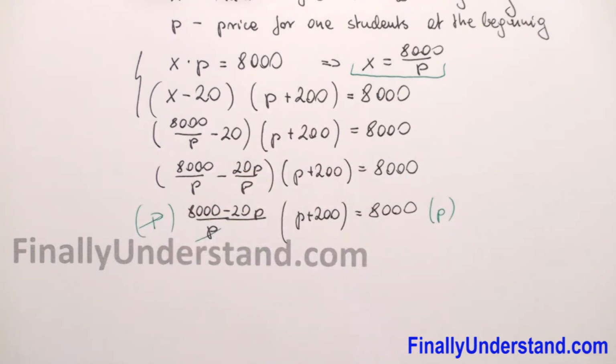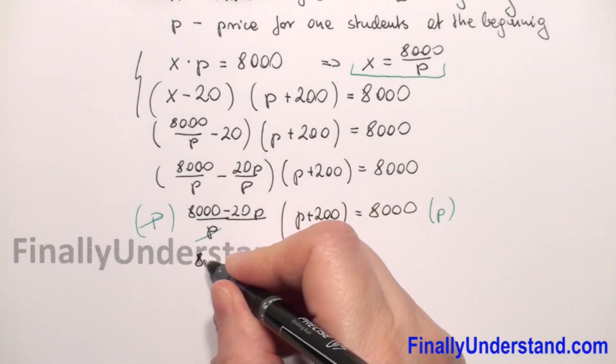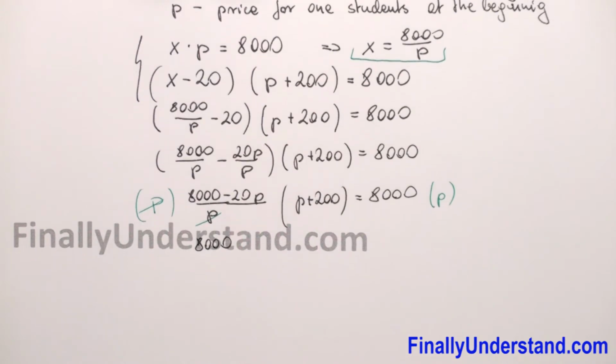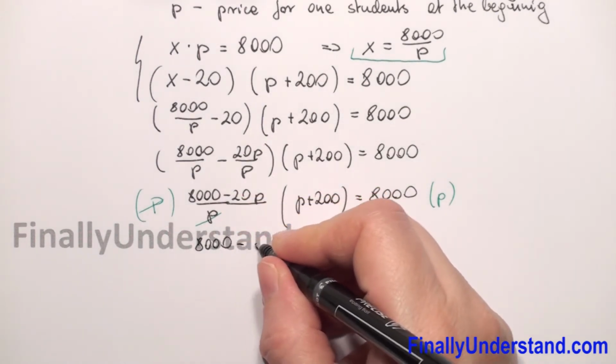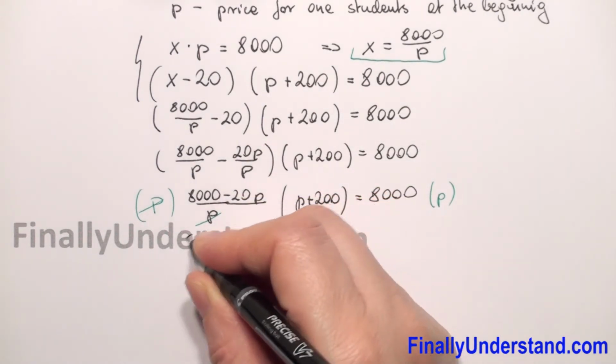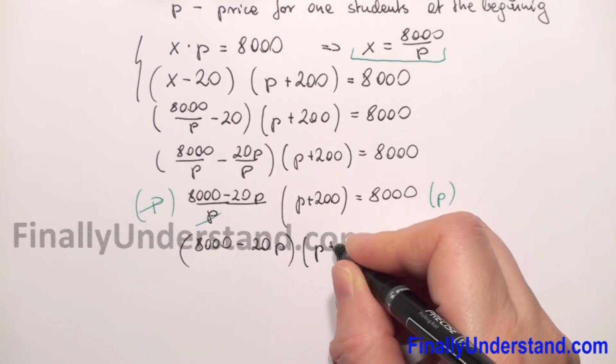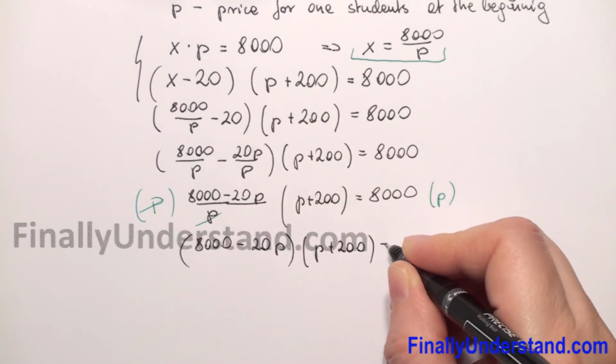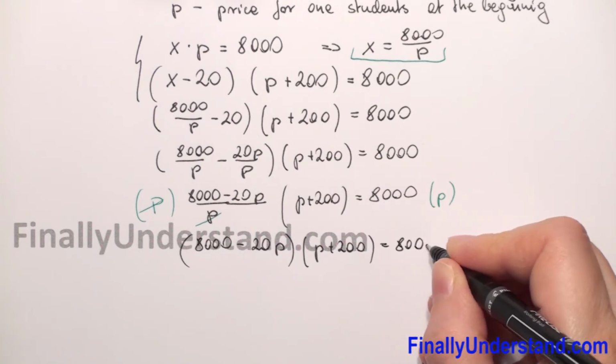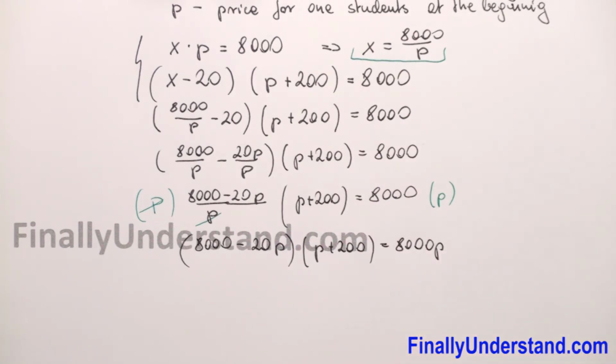So P and P we can reduce, and what we will have, I have to put in parentheses, 8,000 minus 20P, times P plus 200, is equal to 8,000 times P. Now I need to multiply every expression in the first parenthesis by every expression in the second parenthesis. Let's start from the beginning.